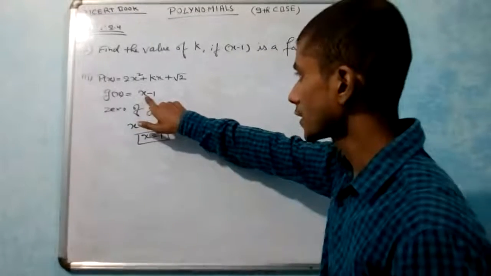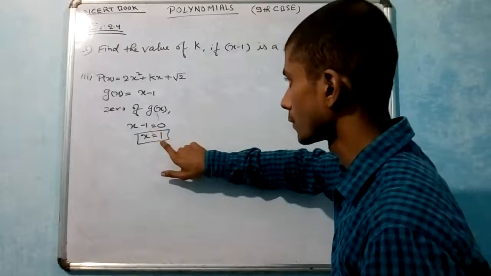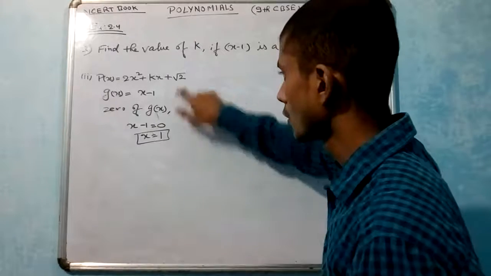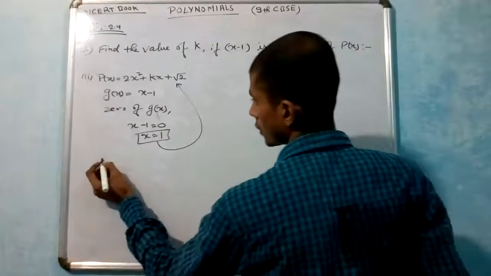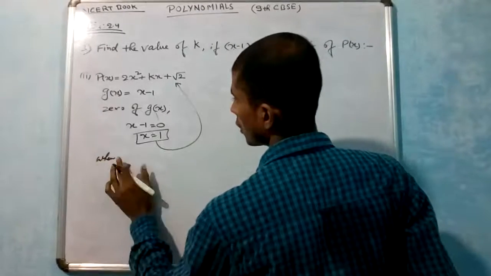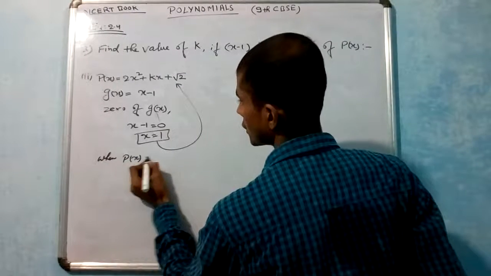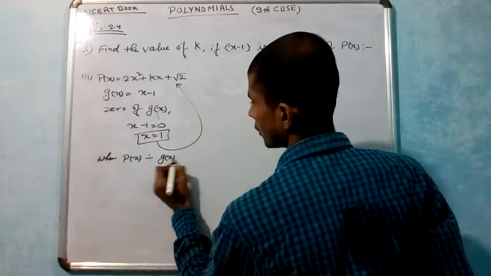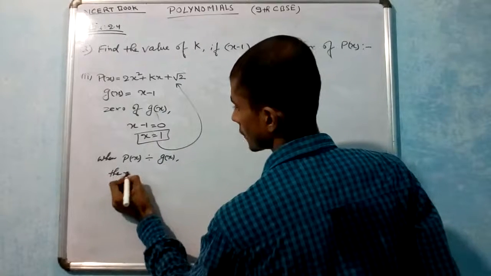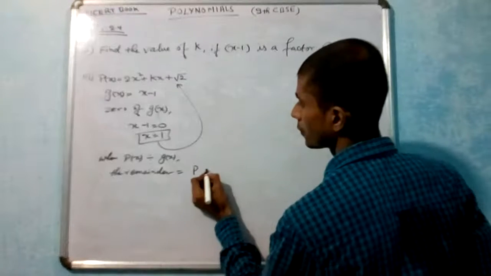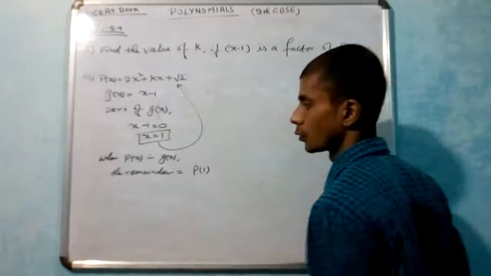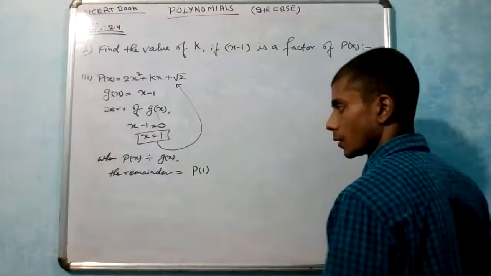No? What to do with this 1? So when p of x is divided by g of x, the remainder will be what? P of 1. Tell me, the remainder will be P of 1.